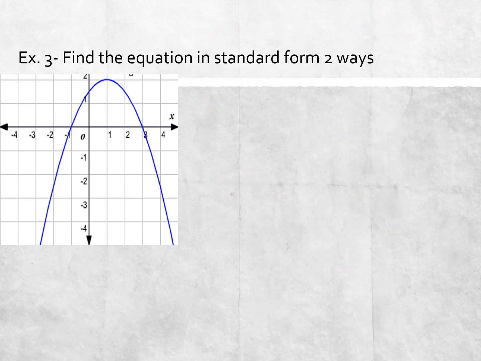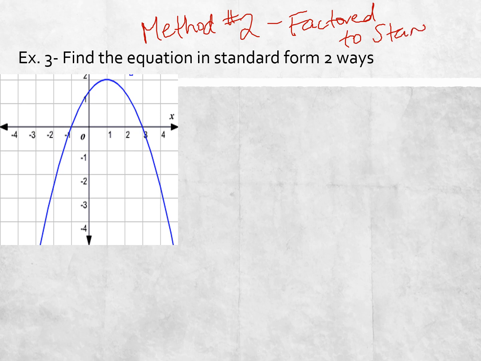Method number 2, we are going to do factored to standard, which is kind of what we were practicing earlier in this lesson and definitely the first lesson of the unit. So, factored form, that means we have to use the zeros.